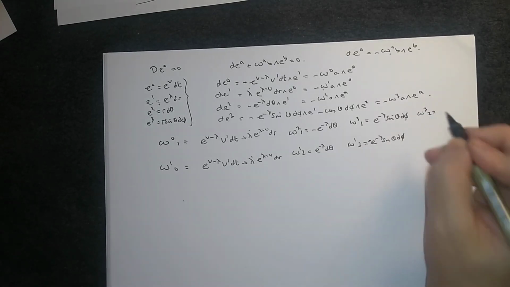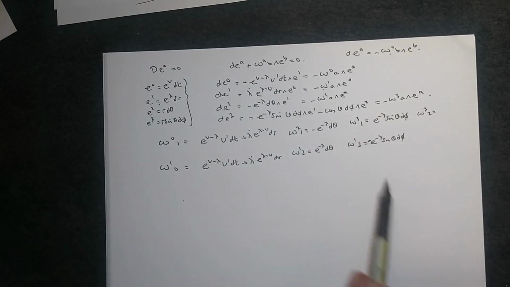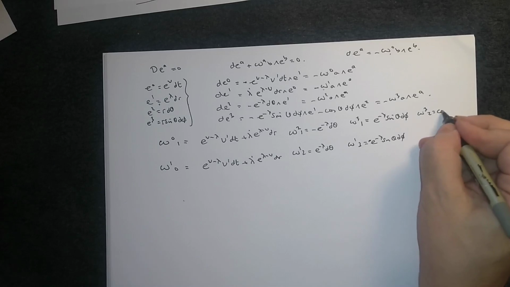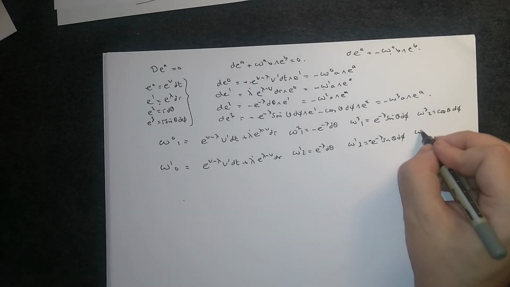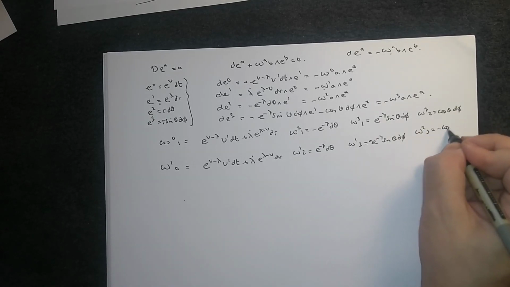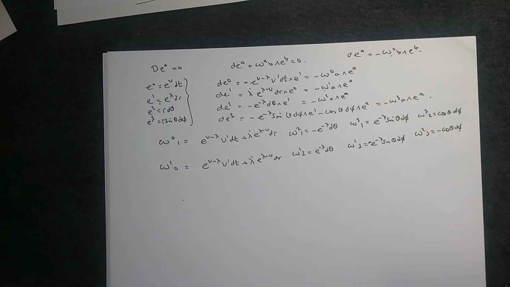Omega 3,2: pull that out of here, cos theta d phi. Omega 2,3: minus cos theta d phi, and that doesn't mean anything else. Okay, so we find out these are the connection coefficients that work.